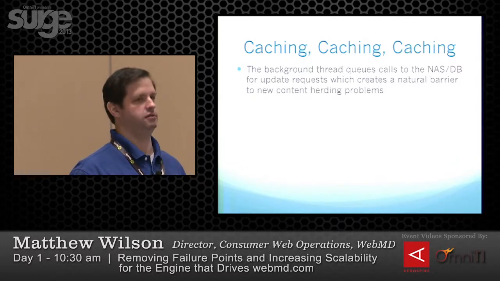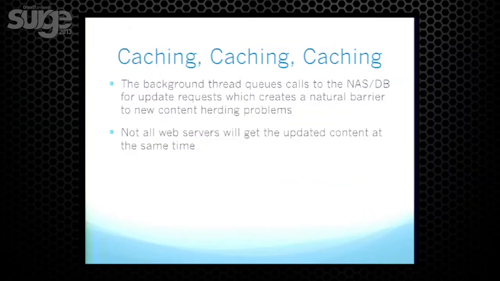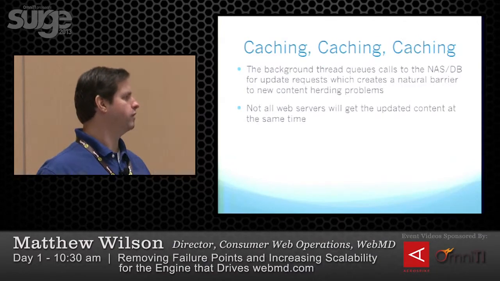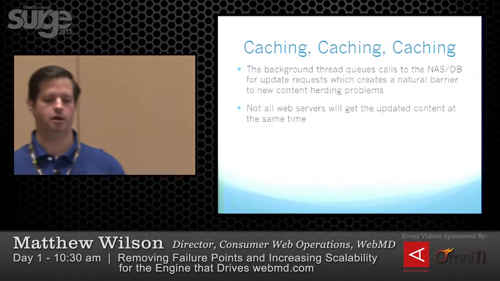It'll only fetch the content when that web server requests it. The bad thing is that it creates a different problem: not all the web servers will get the updated content at the same time.